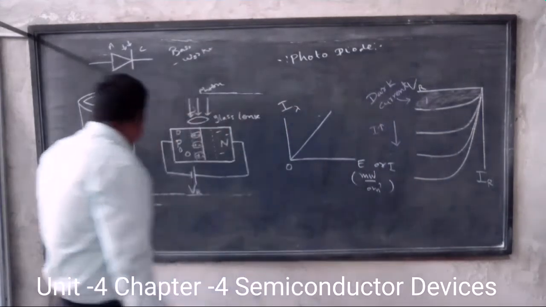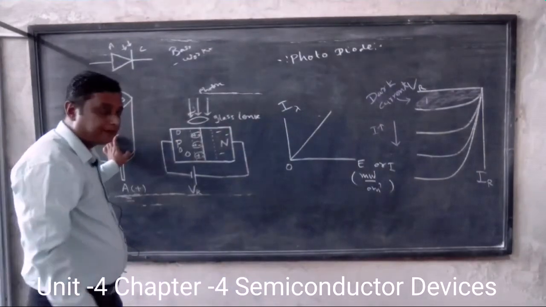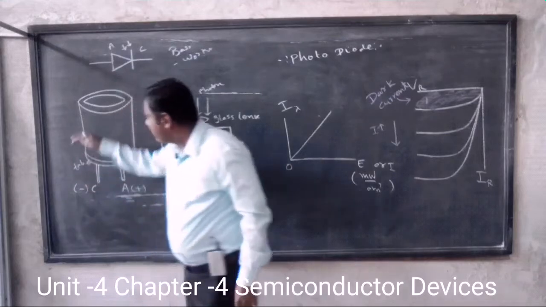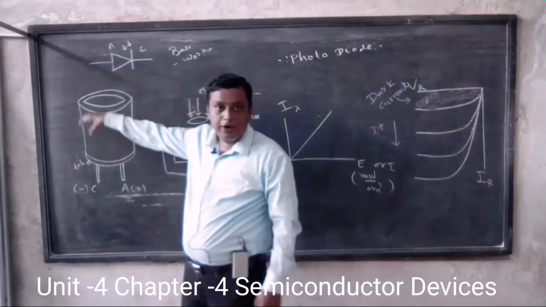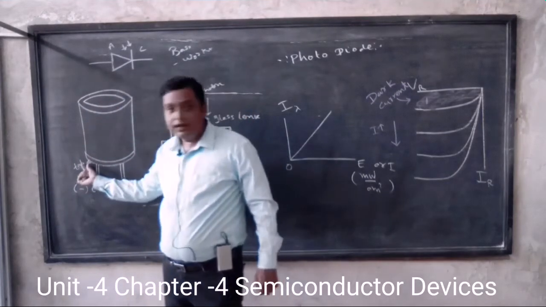So this is a photodiode. This is the body, and this one is the tape.